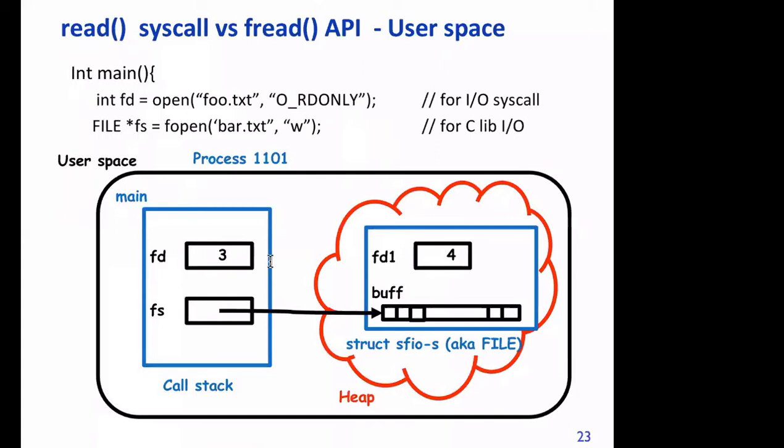Now let's look at the difference between a file descriptor when you're using direct syscalls, and when you're using the functions given by the library. So first is directly using the syscall. We get fd, which is a file descriptor, some integer number, when we open a file, say foo.txt, and we have to define a mode, like rd only.